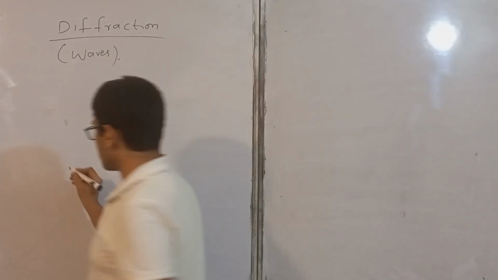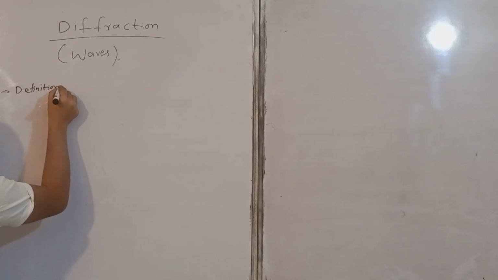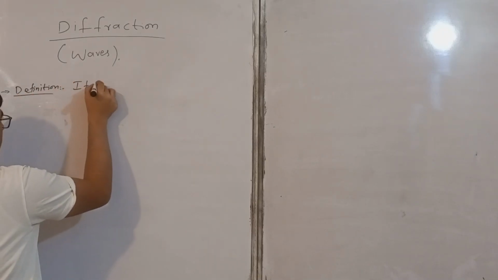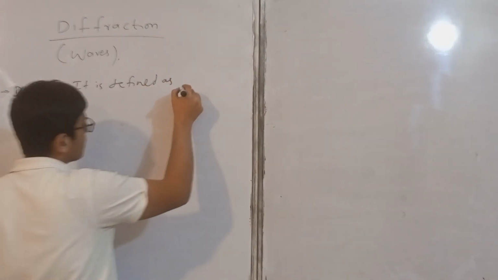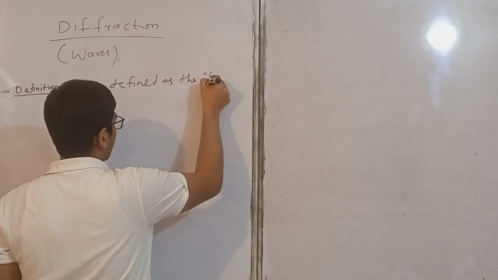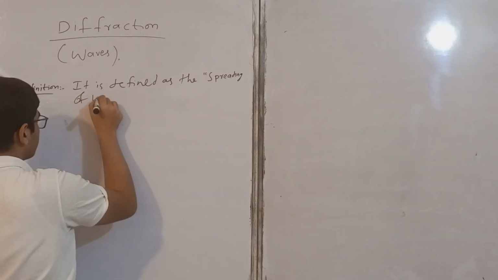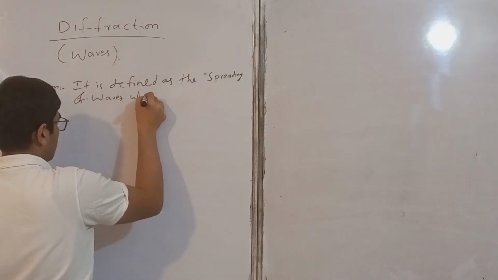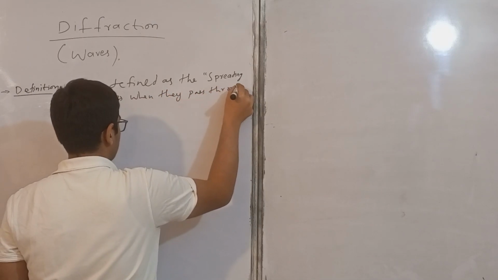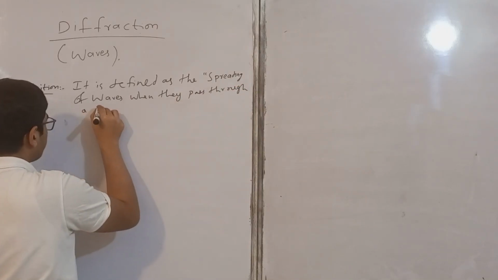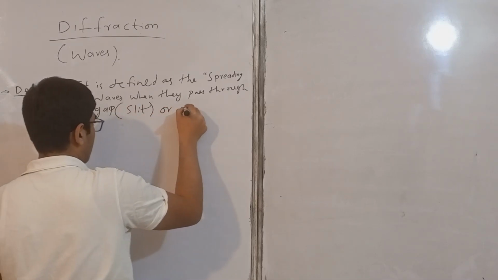If we define diffraction, it is defined as the spreading of waves when they pass through a gap, which we can also say a slit or an edge.